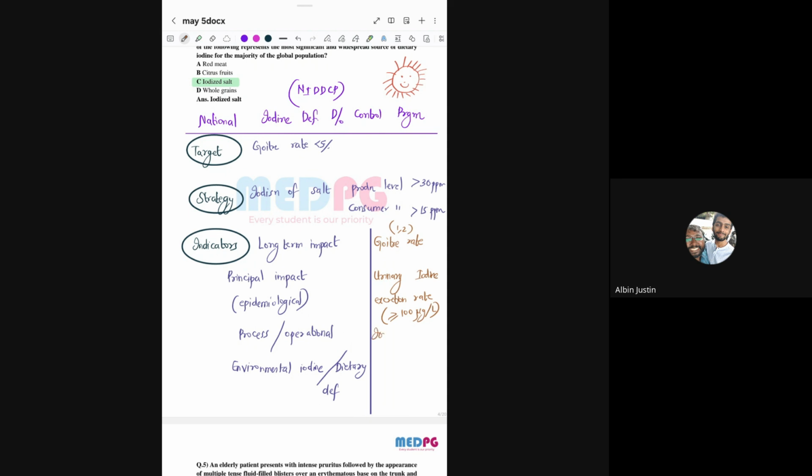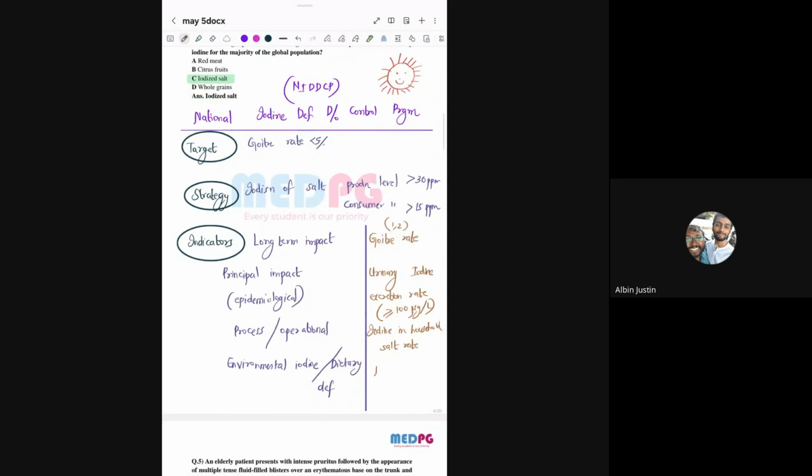Process indicator is iodine in household salt rate. And environmental iodine or dietary indicator is the neonatal hypothyroidism rate. Is that clear?